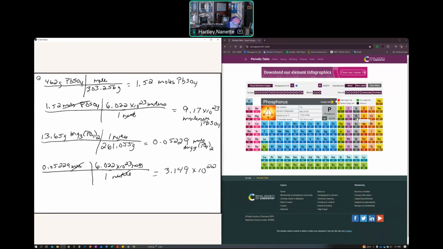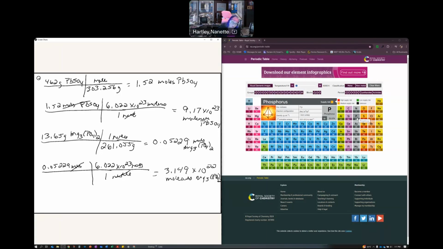And I say that because I'm not limited by the number of sig figs that are here, and this is considered infinitely significant, so it should be based on the number of sig figs that I have in this number. And that is molecules of Mg3(PO4)2. So those are the answers that I needed for that first question.